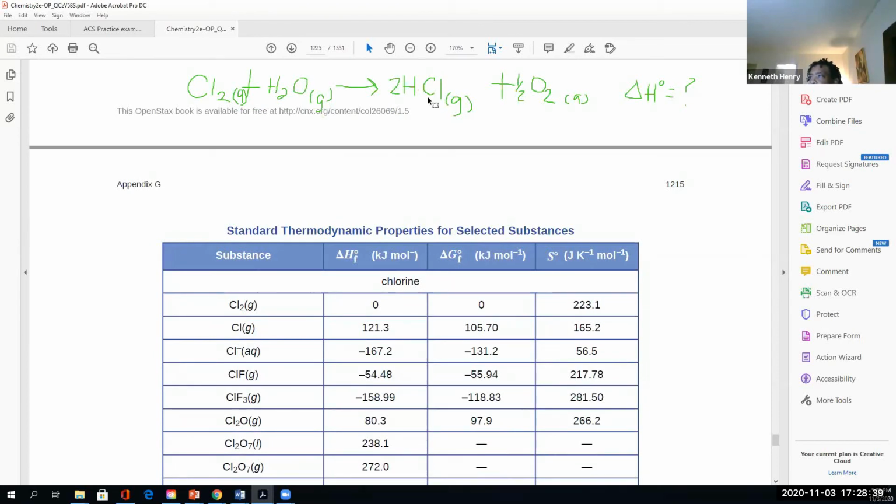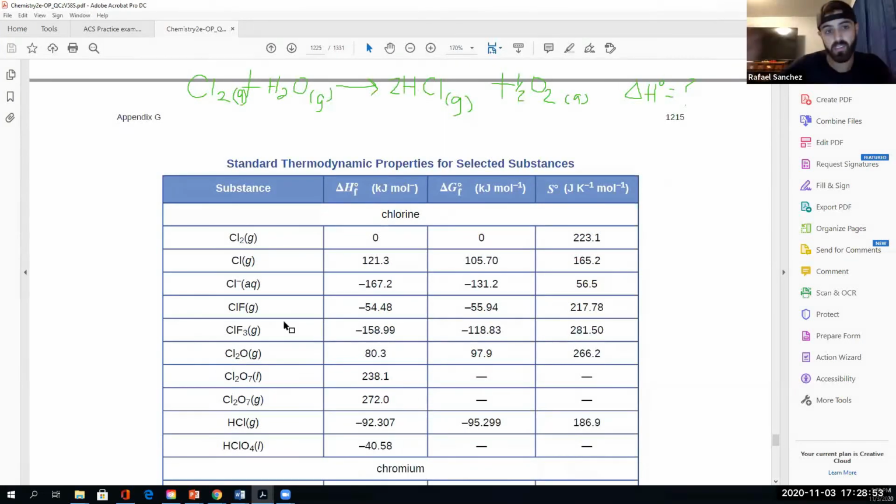Okay, so if I'm doing my calculations, what am I going to use to calculate the enthalpy? Products and your reactants. So my products, HCl is negative 92.307.